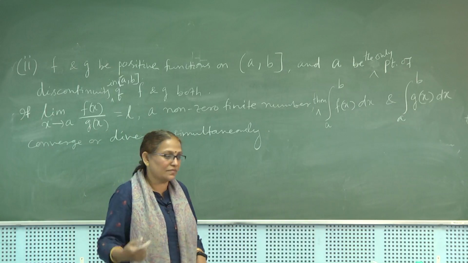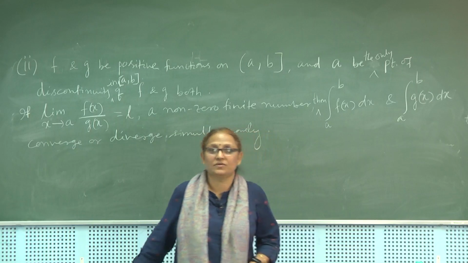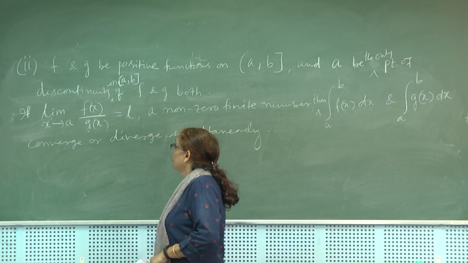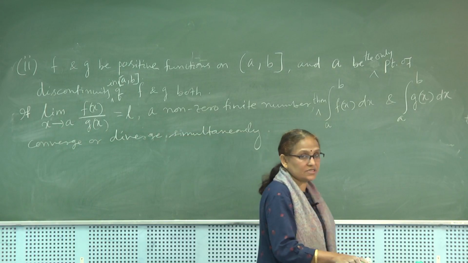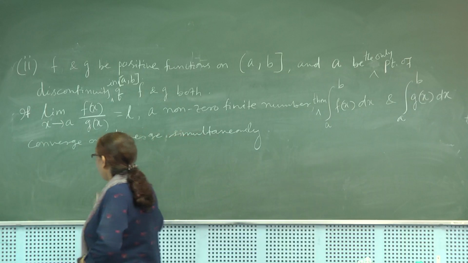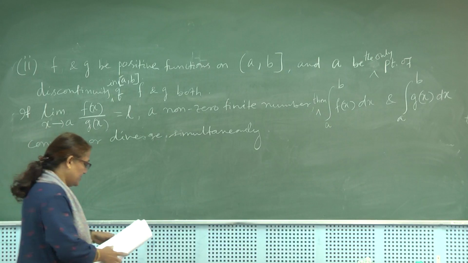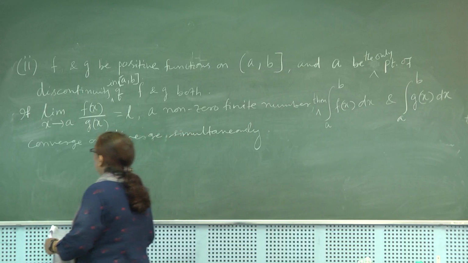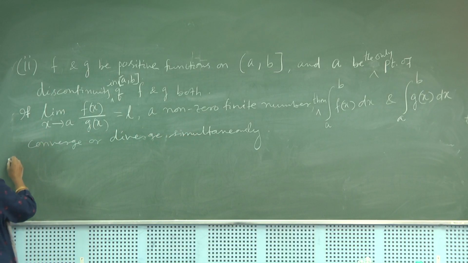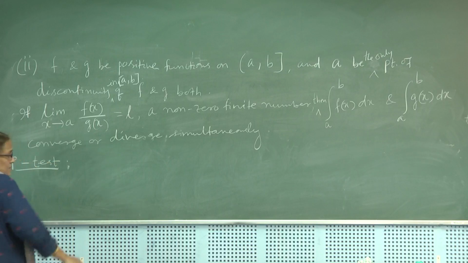Since I am talking about all the tests for convergence, I will also tell you about the P test. Then I will give you a couple of examples using the comparison test and the P test so that we can solve some problems.